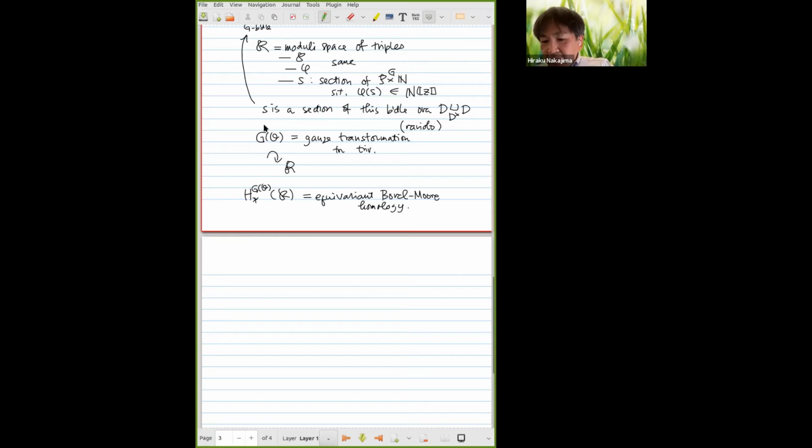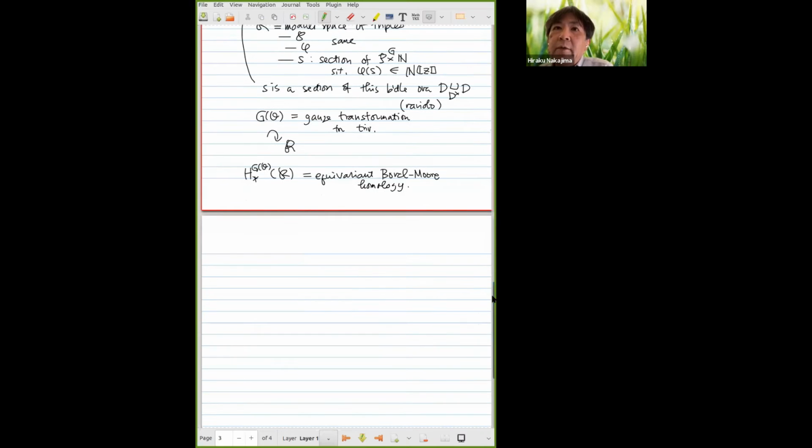You can approximate this equivariant homology group by the equivariant homology of finite dimensional objects, which is well defined, and you can check that the limit is also well defined. So we define it in that way. And this space is a mathematical justification of what physicists consider the ring of monopole operators.